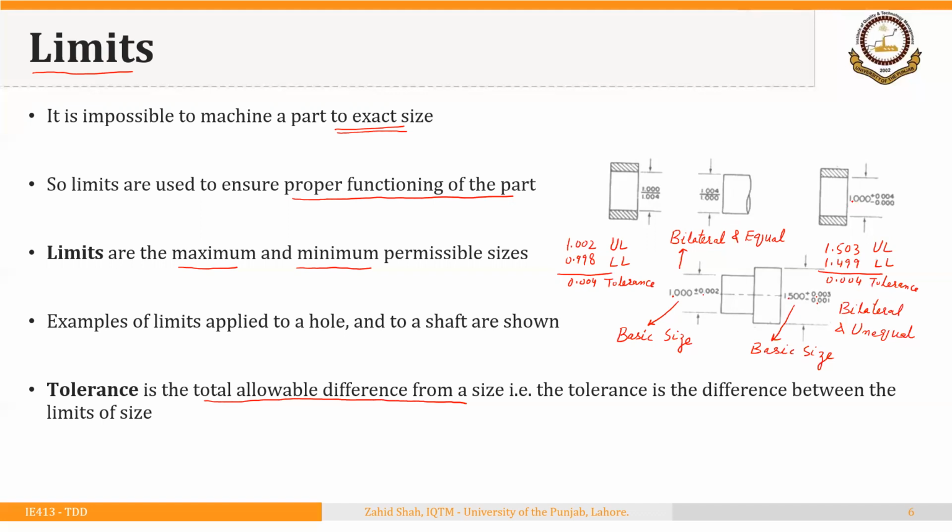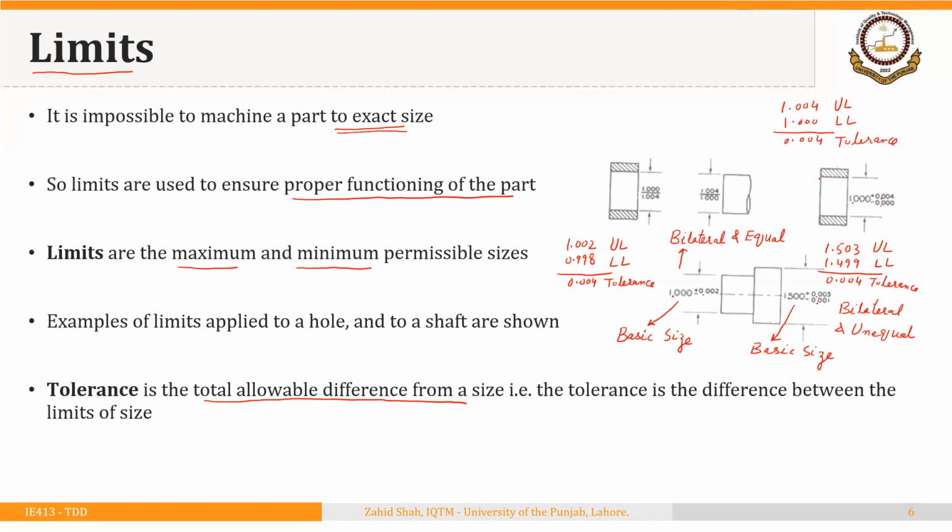And in this case, in the case of a hole, the size is 1.000 plus 0.004 minus 0.000. So 1.004 is the upper limit and the lower limit is 1.000. And the tolerance is 0.004 as well. But here the tolerance is unilateral.